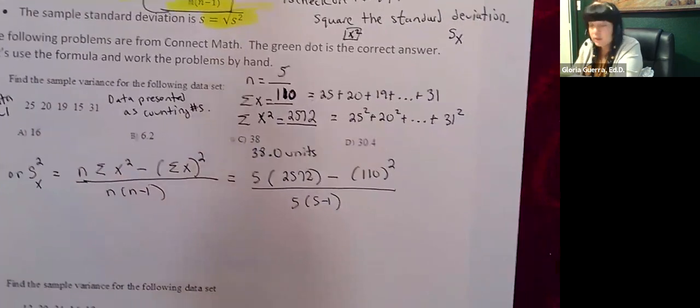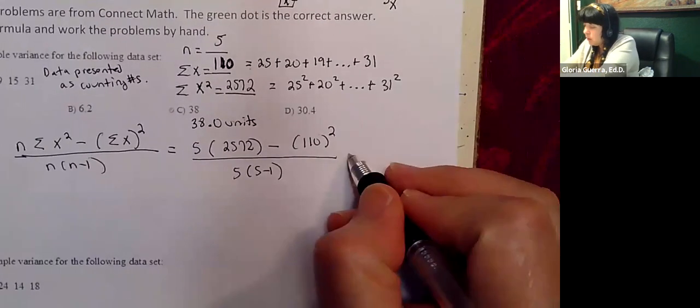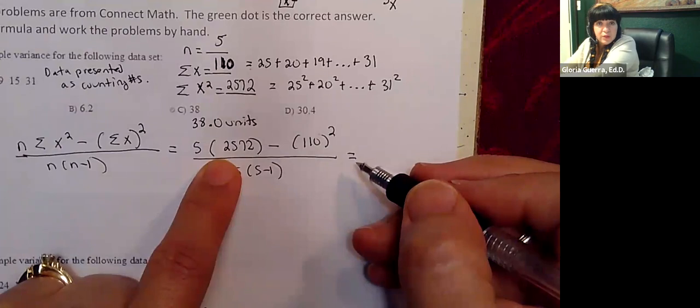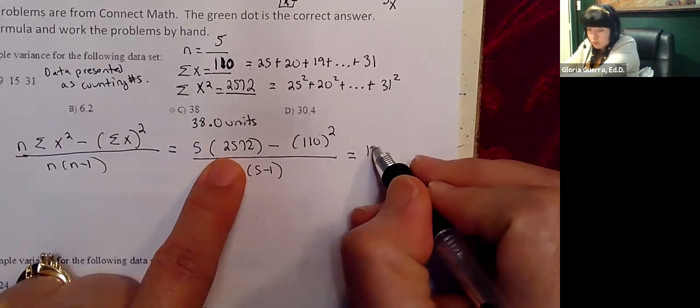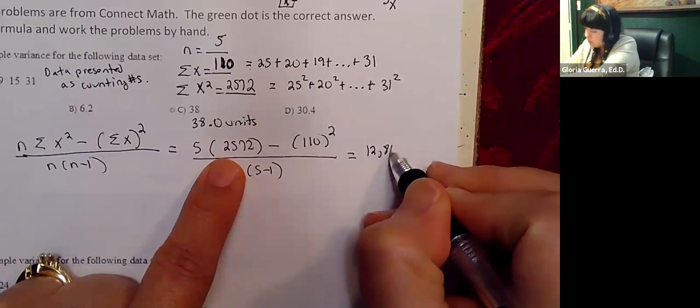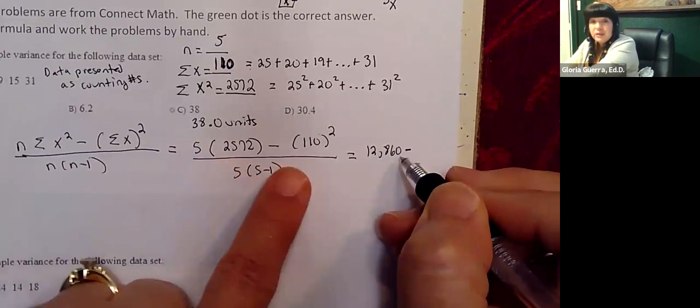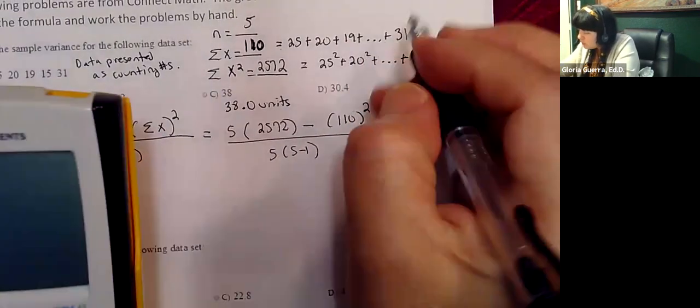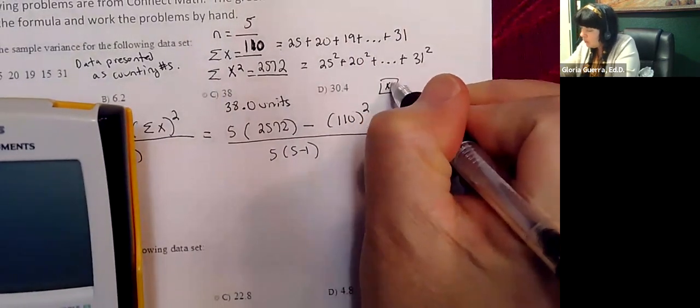Okay, now when I use my calculator, when I multiply 5 times 2,572, that gives you 12,860. And when you take 110 and you square it, remember you want to use this little key right here.